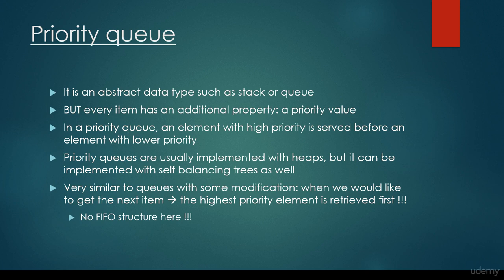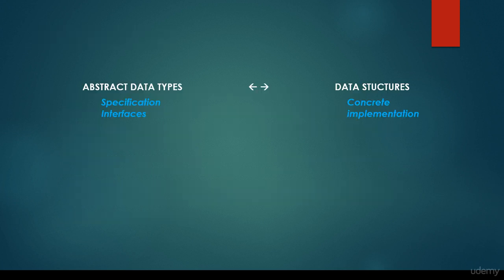It is very similar to a queue, but we have a so-called priority value, and we are going to decide what items to take out according to this priority value. So the highest priority element is retrieved first. Again, we have an abstract data type, which is just the specification or the interface, and we have the data structures, the concrete implementations.